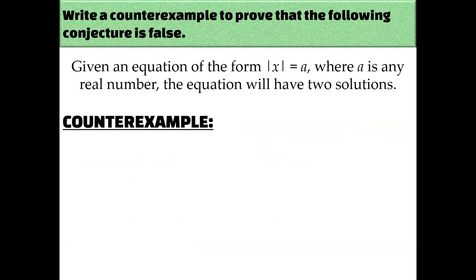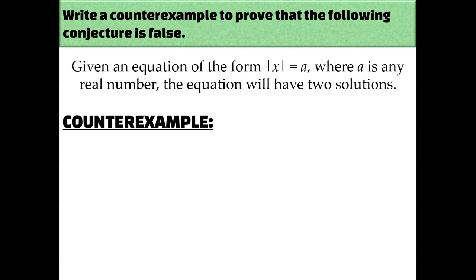And our last example takes us back to either Algebra 1 or 8th grade for a second. With absolute values, that's what those bars around the x are, given an equation of the form the absolute value of x equals a, where a is any real number, the equation will have 2 solutions. Well, what does that mean? Let's think of some examples first.